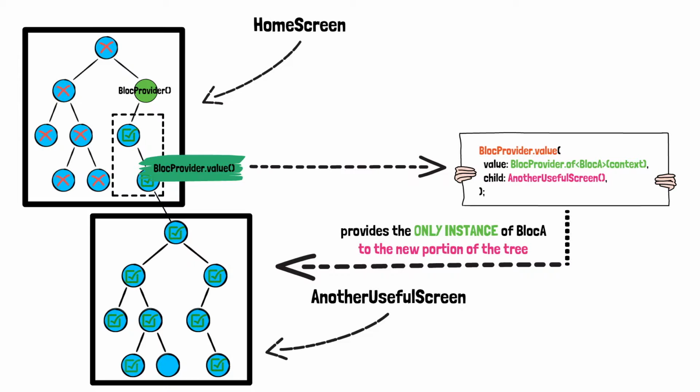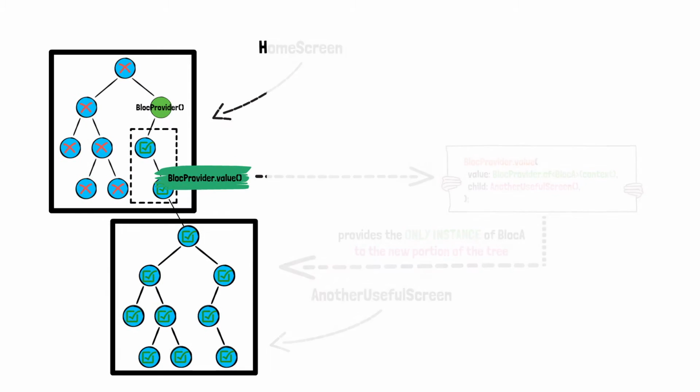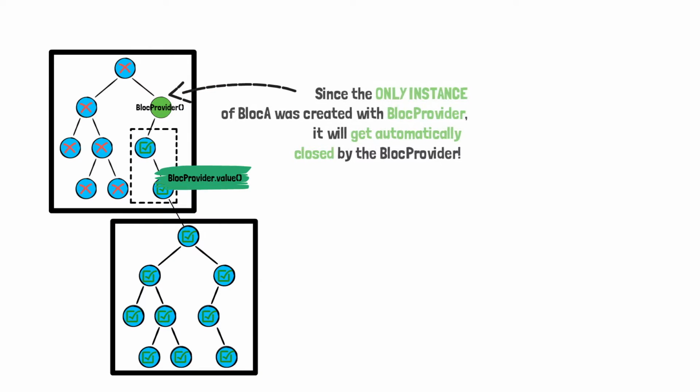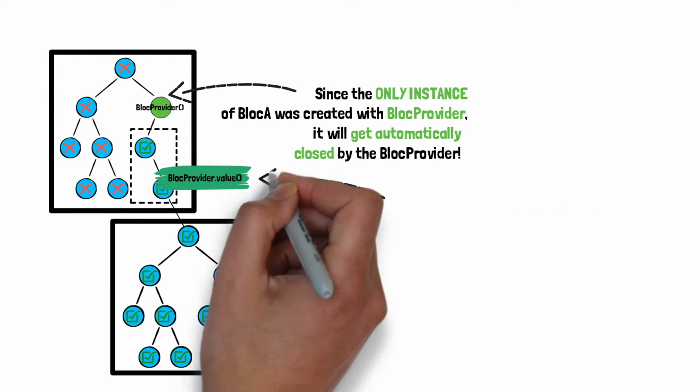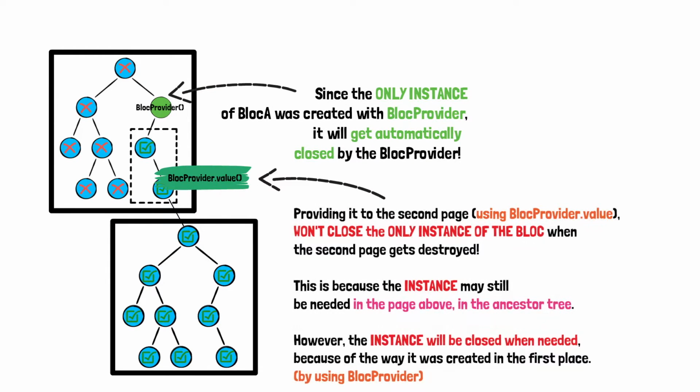Note that in this case the BlocProvider.value won't close the bloc automatically, since we still want the bloc to be accessible in the ancestor tree above. Since we initially instantiated the bloc with BlocProvider, it will, as I said, handle the closing part automatically.